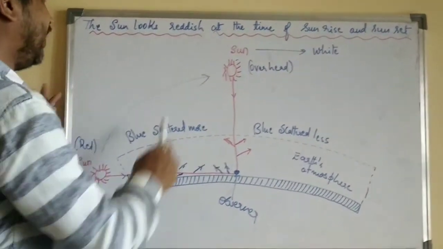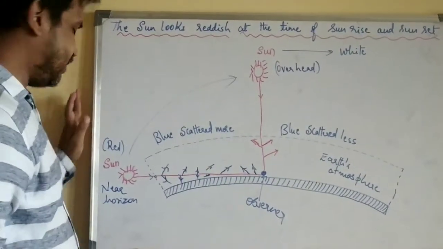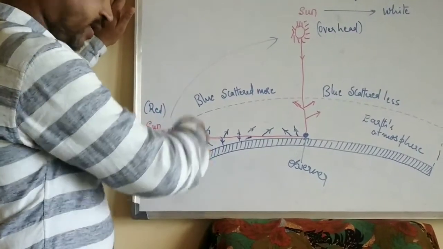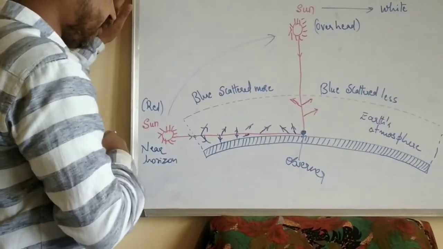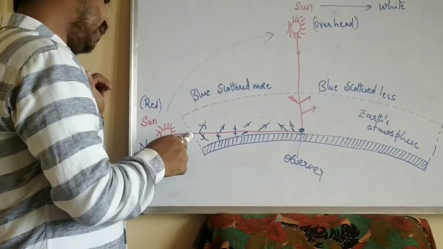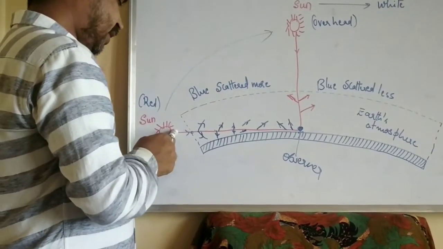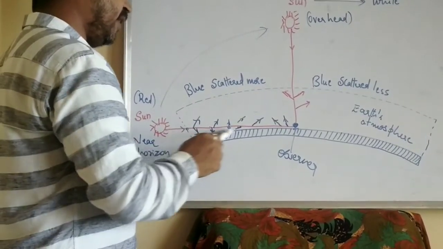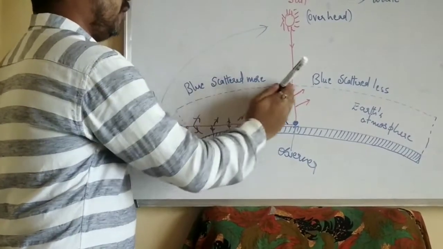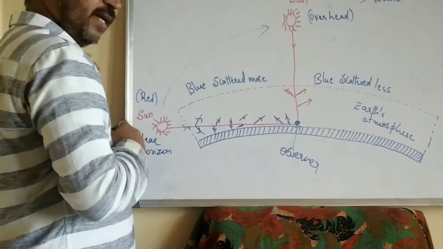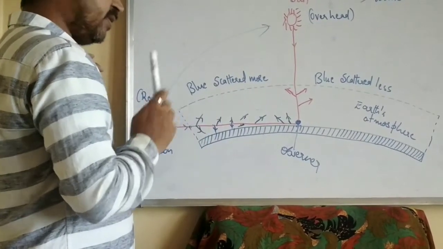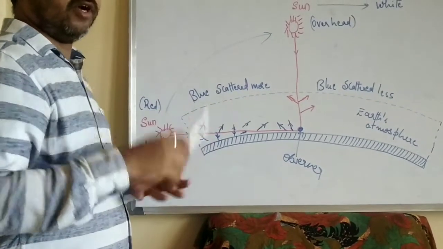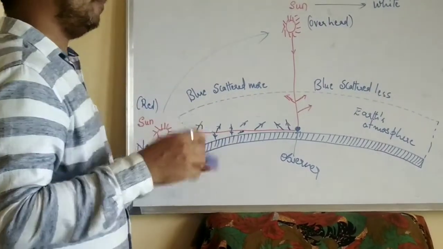Let us see first why the sun looks reddish at the time of sunrise and sunset. You can see here the sun on the verge of rising or setting near the horizon. When the sunlight enters the atmosphere, the distance being very large and the larger portion of the atmosphere being there, it undergoes scattering. Why? Because the Earth's atmosphere consists of many colloidal particles of small and large size.